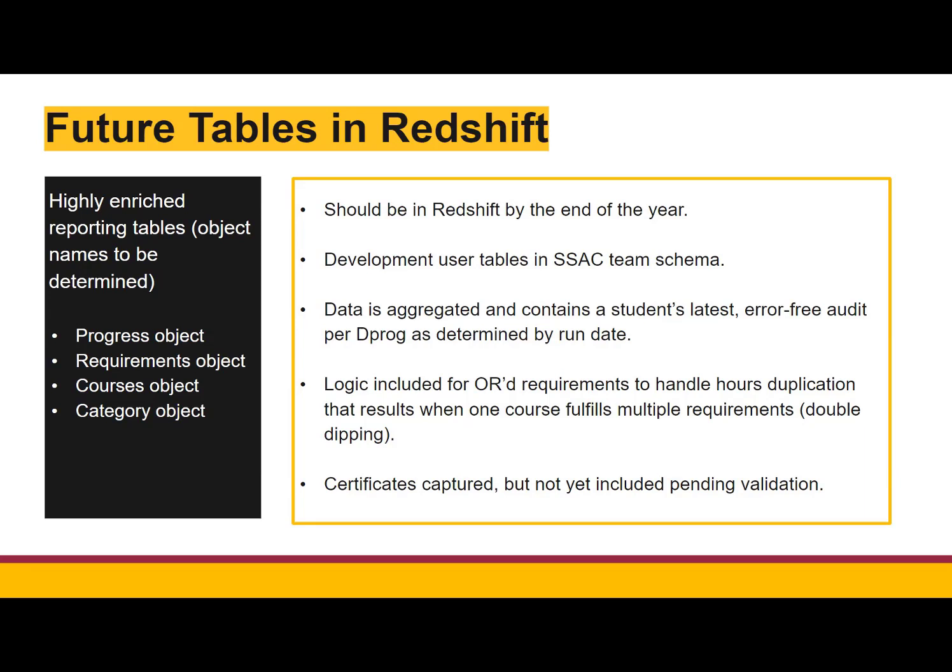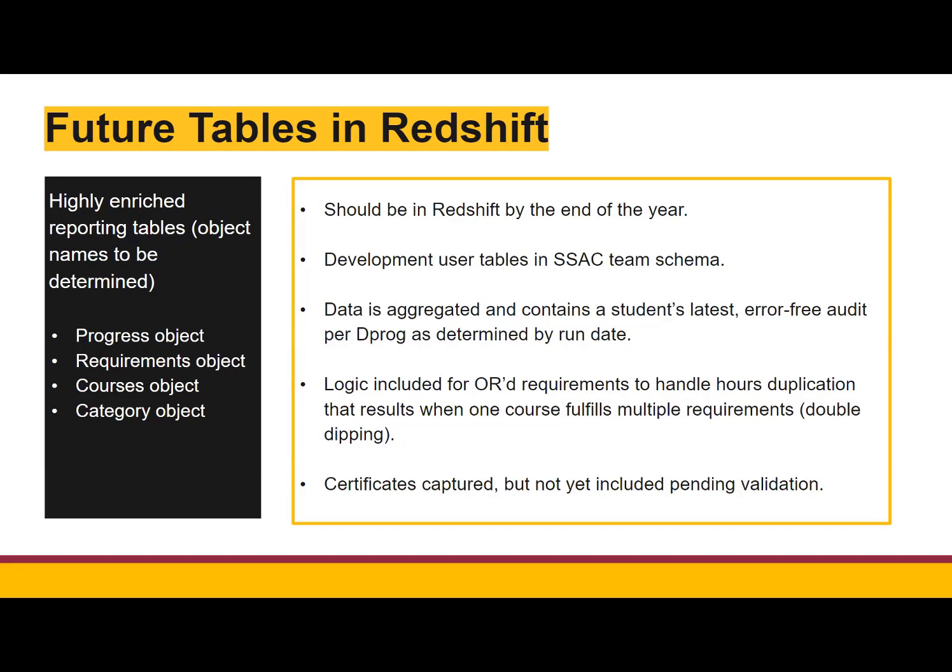They're in the student success analytics collaboration. All of a sudden I forgot. I knew it last night, but in that schema, data in these tables is aggregated and contains a student's latest error-free audit per DPROG as determined by run date.